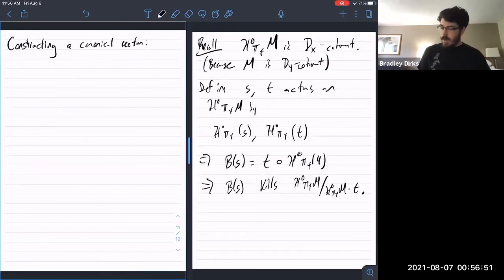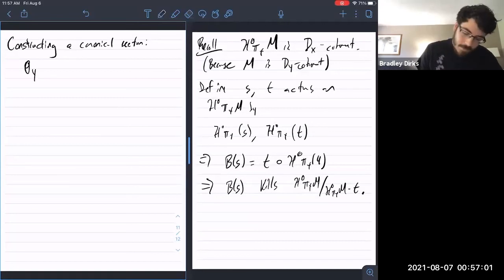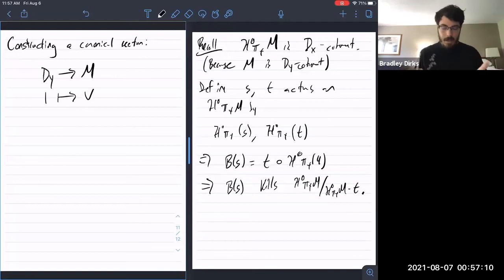Right, we have a map from D_Y to M, which just maps 1 to that section V. If we tensor this, remember we had these transfer bimodules, that's how we define the push forward.